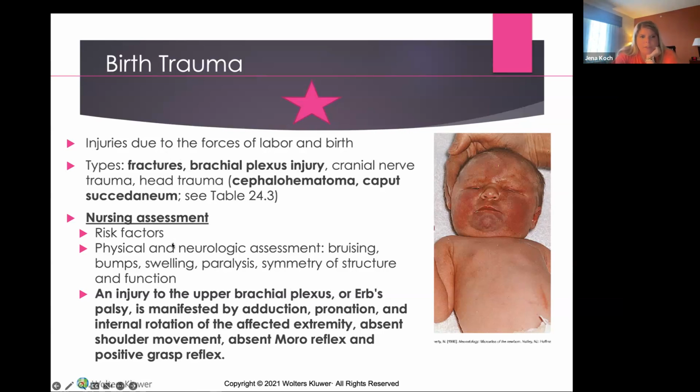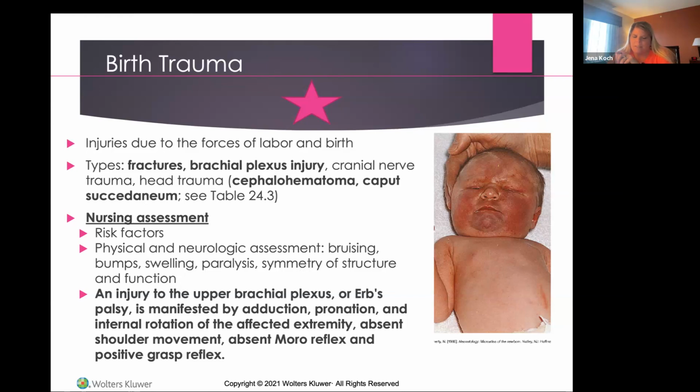Knowing the risk factors, physical and neurological assessments, if there's any bruising, bumps, swelling, paralysis, always looking at the symmetry of the structure and function. An injury to the upper brachial plexus, or Erb's palsy, is manifested by adduction, pronation, and internal rotation of the affected extremity.